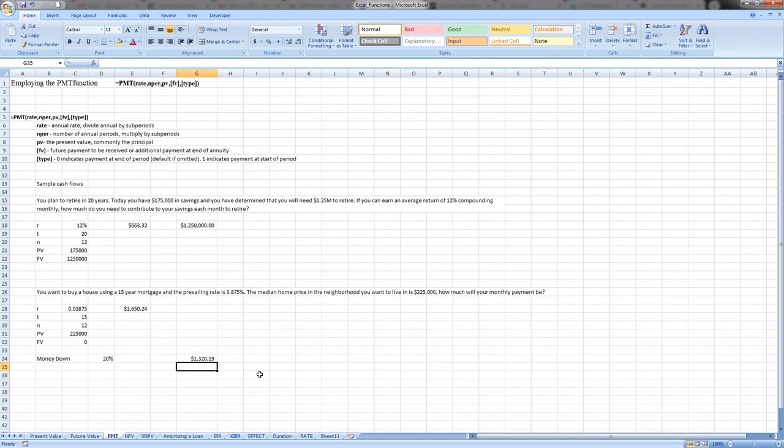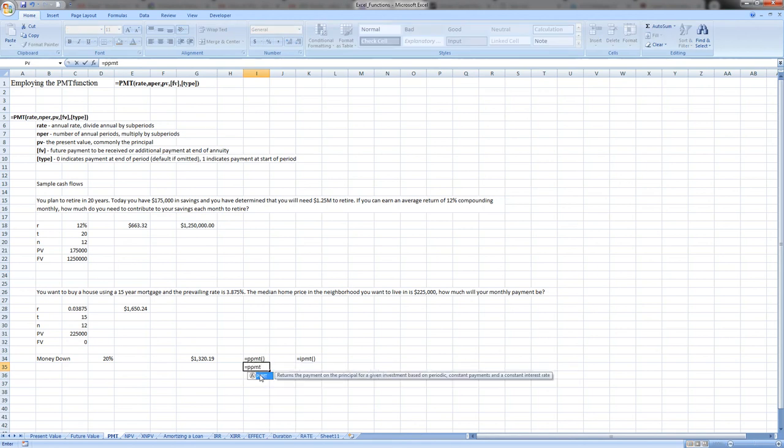If we want to take this in further detail, we can break the payment down using two functions, which are known as the PPMT function and the IPMT function. If we look at the PPMT function, we'll see that it returns the payment on principal.